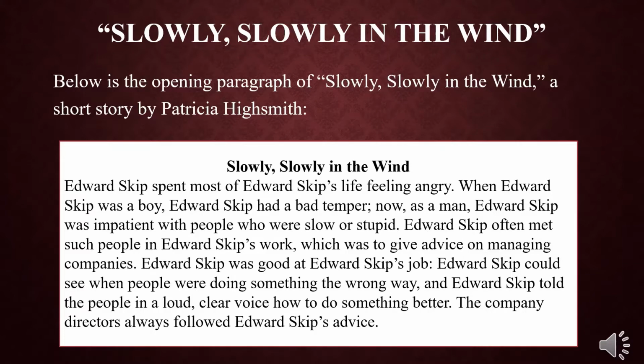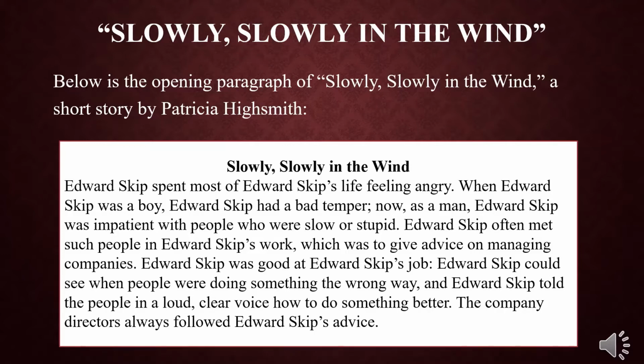Edward Skip spent most of Edward Skip's life feeling angry. When Edward Skip was a boy, Edward Skip had a bad temper. Now, as a man, Edward Skip was impatient with people who were slow or stupid. Edward Skip often met such people in Edward Skip's work, which was to give advice on managing companies.